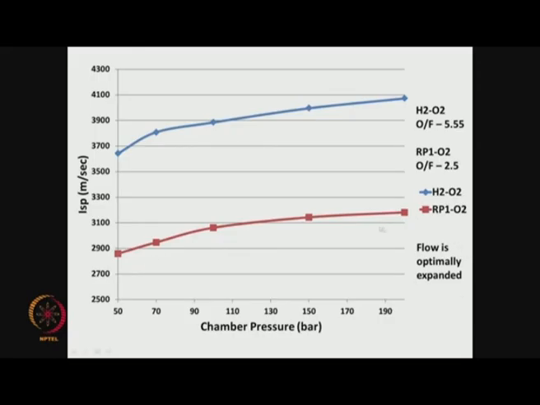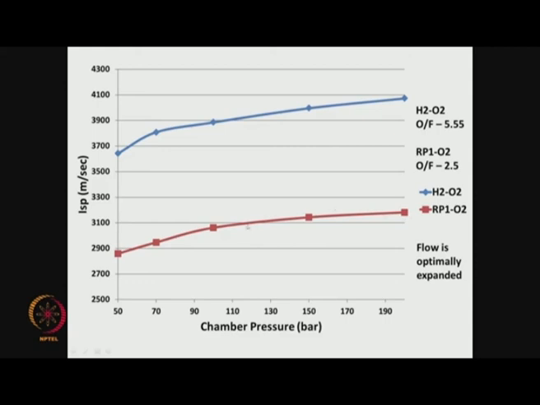That is, the area ratio is so chosen that at each and every pressure here the flow is optimally expanded. One can see that when we change from kerosene to hydrogen as the fuel, the ISP is much higher with hydrogen as the fuel compared to kerosene as the fuel.